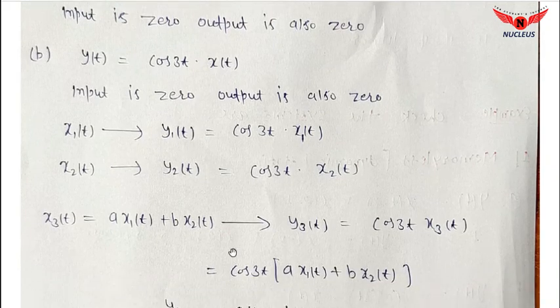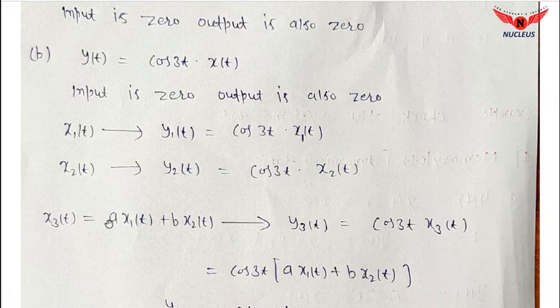So let's consider x1 is our input and the corresponding output is y1. So y1 equal to cos 3t dot x1(t), and x2 is the next input. The corresponding output is y2(t) equal to cos 3t dot x2(t). So let's consider x3 is the linear combination of x1 and x2.